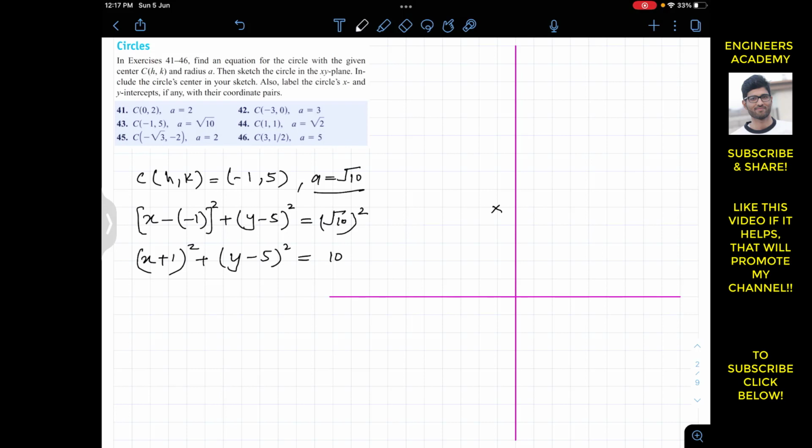So for that we have to find the y-intercept and the x-intercept. For the y-intercept, the x value will be equal to 0, since the y-intercept is the point where the circle intersects the y-axis. So at that particular intersection point, the x coordinate is 0.